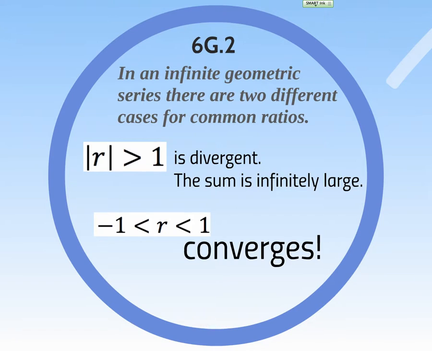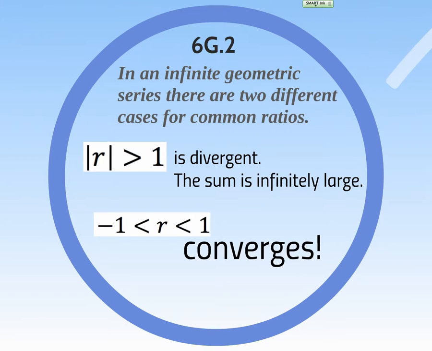So you know there are going to be two different sections in your assignment. So if you want to let yourself know that we are now going to move to G2. So far, what we've talked about is finite geometric series. So we're going to add the first 15 terms, the first 10 terms, the first 100 terms, whatever. Well, it turns out we can sometimes calculate an infinite geometric series. There's two different cases.